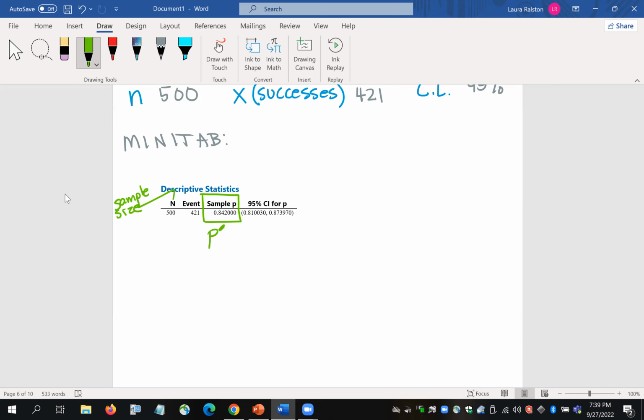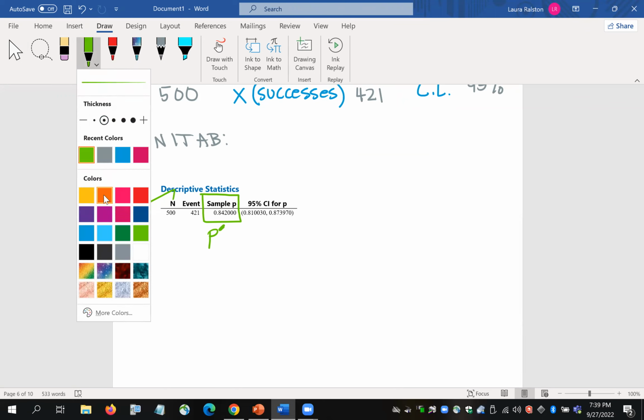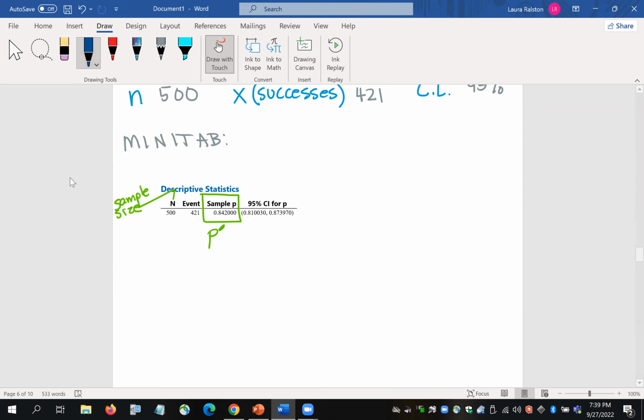That is your point estimate. Minitab calculates that for you. It then gives you your interval. My interval here is 0.810030, comma 0.873970. It gives you the results.